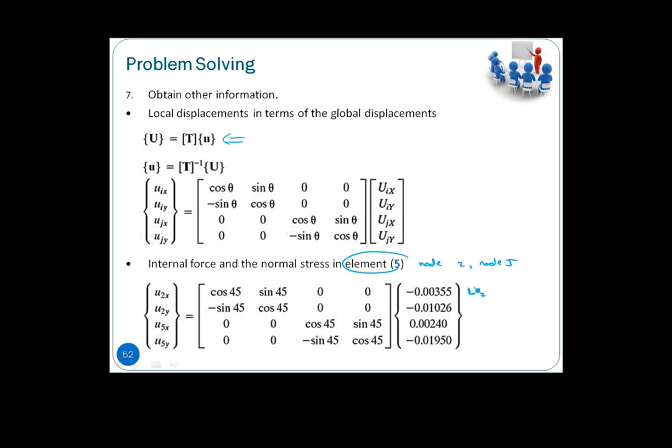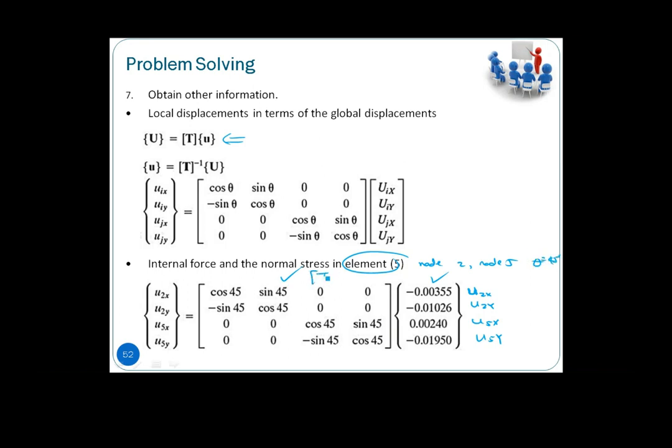We have determined this: U2x, U2y, U5x, U5y. We multiply with this, which is determined; this is 45 degrees. We know that theta is 45.